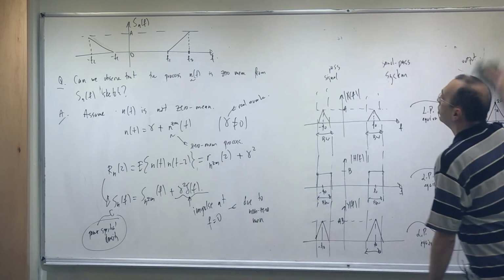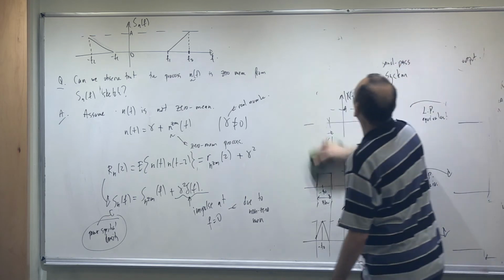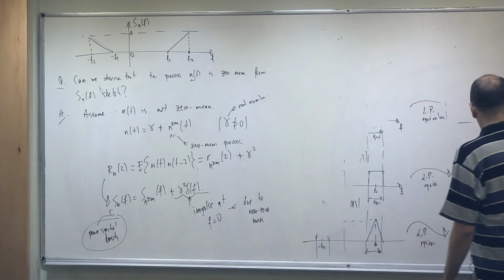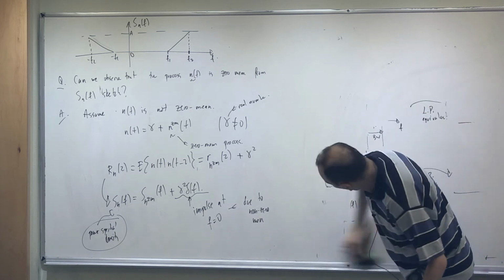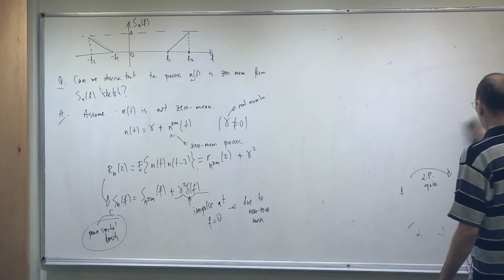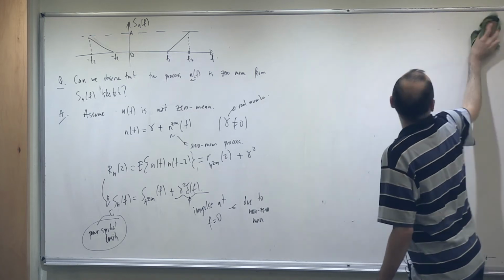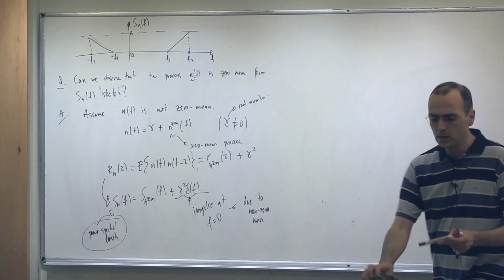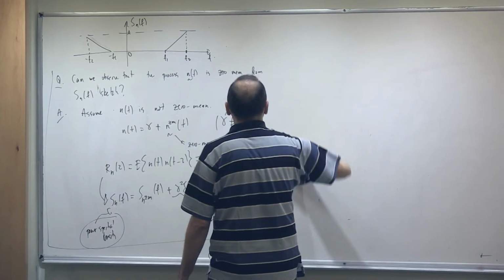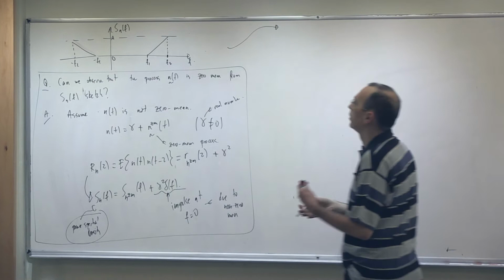But this was like a distraction for us. What was our goal? Our goal is representation of this bandpass random process in terms of its Lowpass equivalent. Okay, so this was something about this power spectral density, but let's proceed over here.